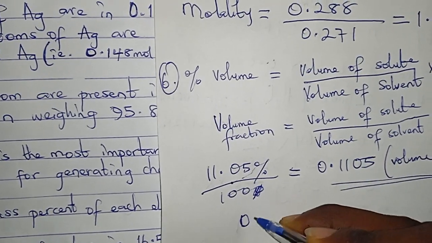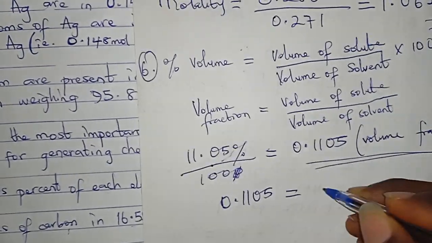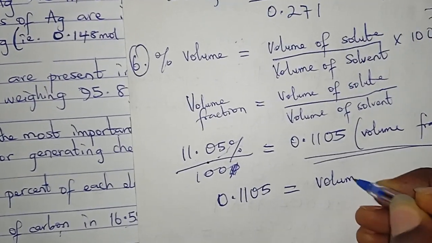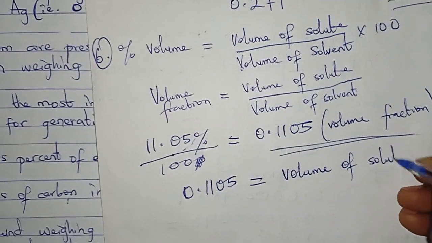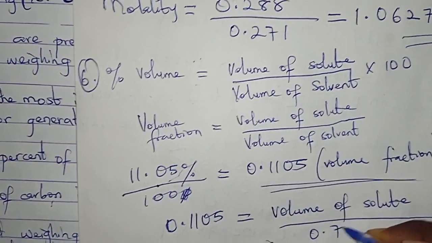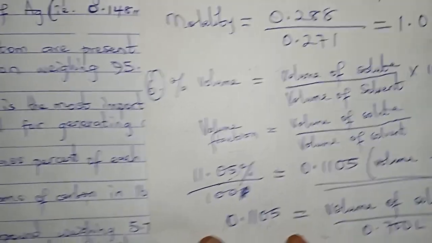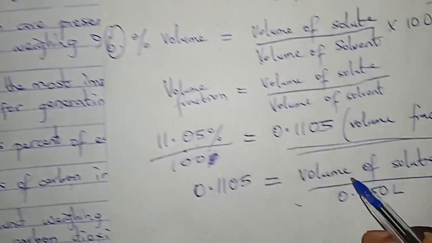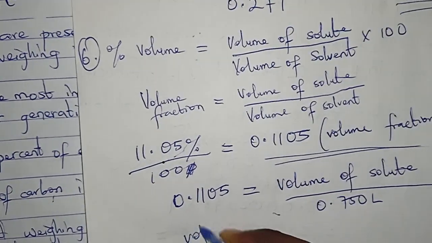Put 0.1105 for volume fraction equals volume of solute, which is the alcohol, over volume of solution, which is 0.750 liter.